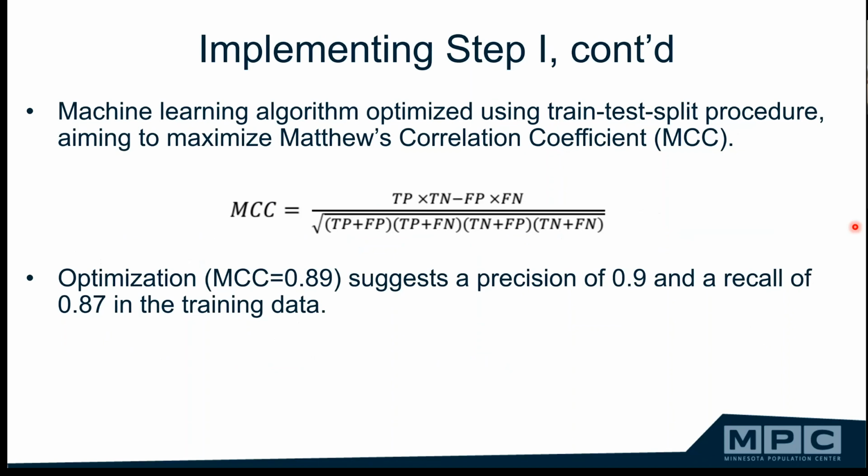We find the value that yields the highest MCC, or Matthews correlation coefficient, which is essentially a 0 to 1 measurement of linking performance that takes both precision and recall into account. We obtain an MCC of 0.89, a precision of 0.9, and recall of 0.87 in the training data, it should be said. We're actually doing better than that, but that's in the training data, where we're a little bit more conservative when we're declaring matches.